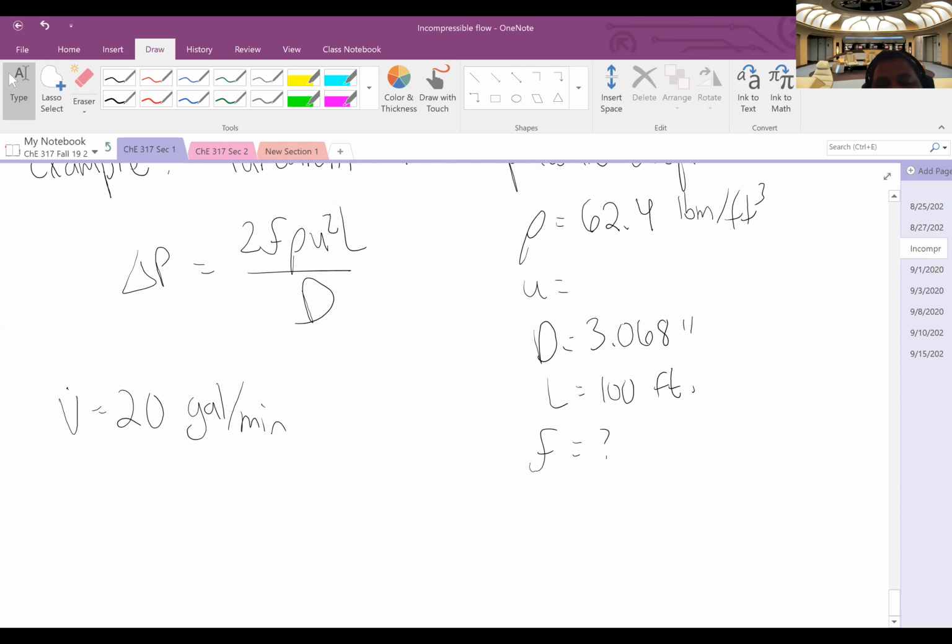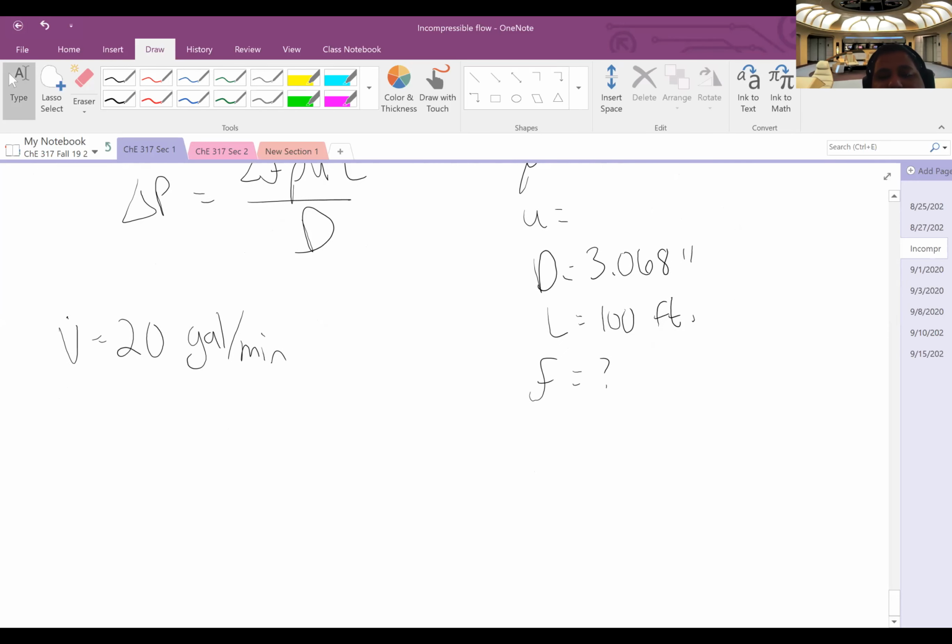Fortunately, since we have a 3-inch schedule 40 pipe, we can refer to Appendix 3 in the back of the book, and we'd find that the flow area is approximately 0.0513 square feet.